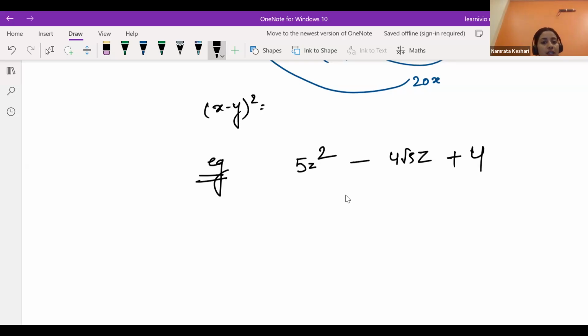Here also we are having x square plus y square minus 2xy, right?